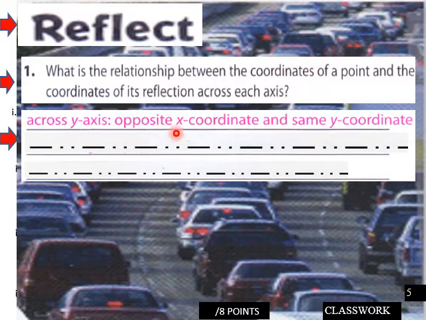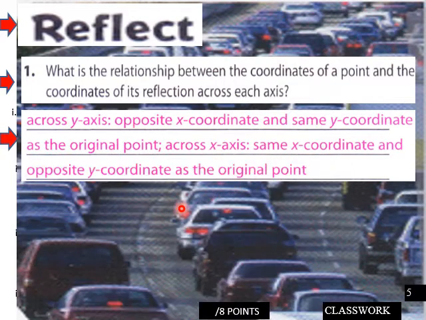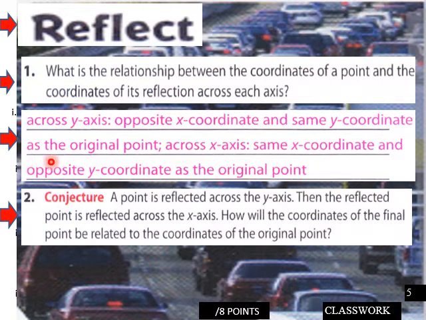Across the y-axis, opposite x-coordinate and same y-coordinate as the original point. And then across the x-axis, same x-coordinate and opposite y-coordinate as the original point. So there is your description of your reflection of points across the different axes.